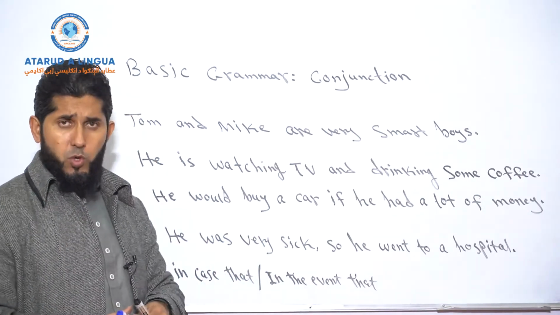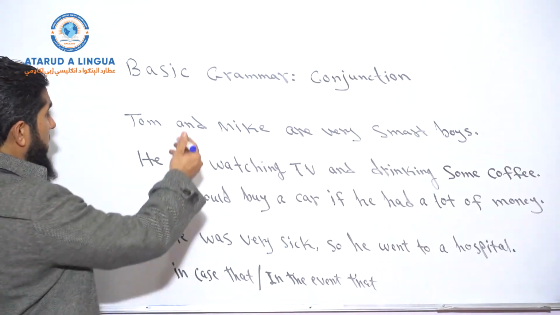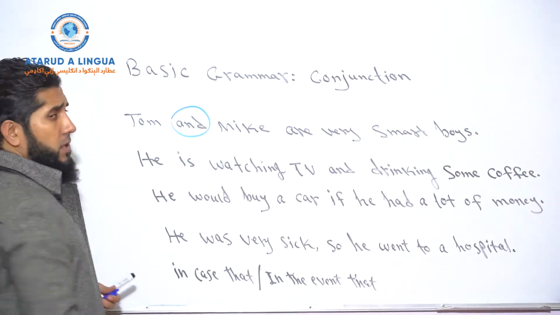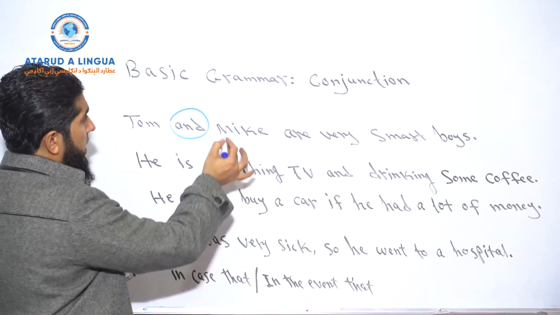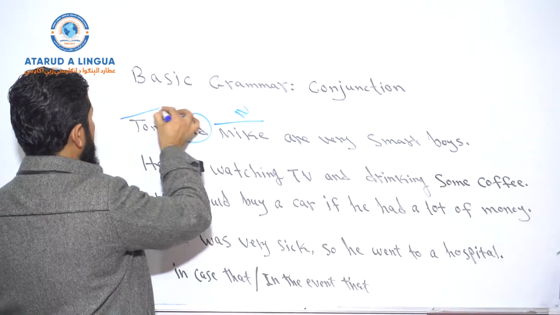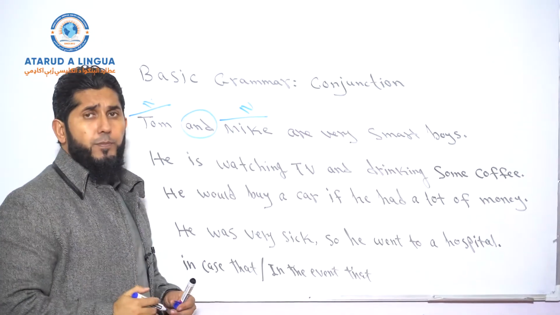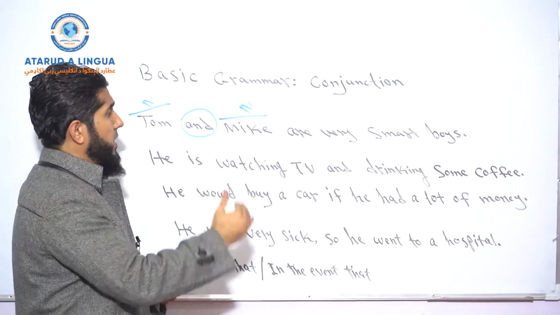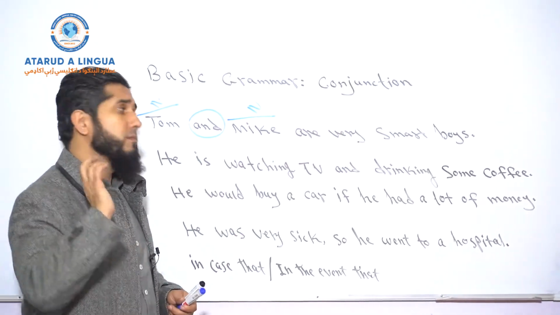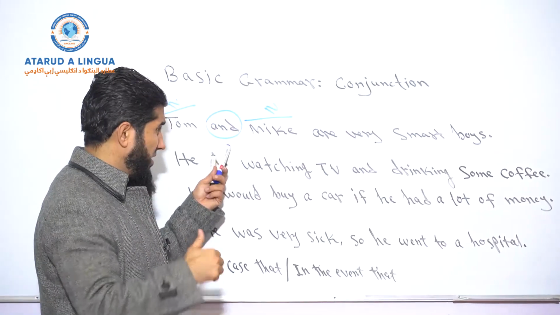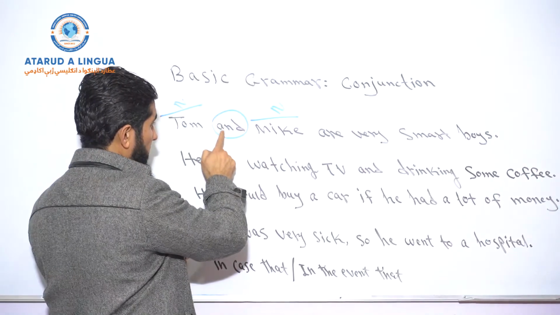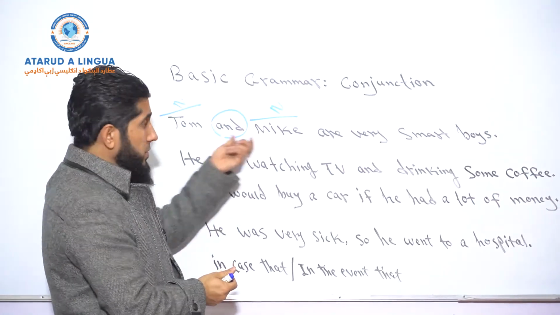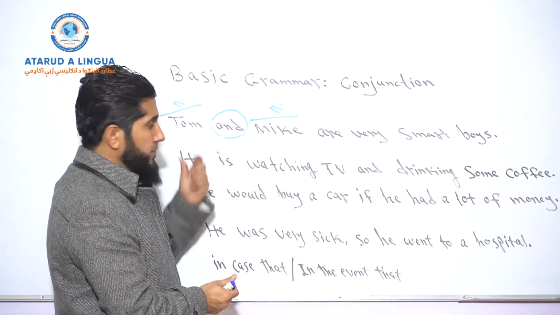In example number 1, the conjunction "and" is used to combine 2 nouns. So Tom is a noun and Mike is a noun. Tom and Mike are very smart boys. In this sentence, we use the conjunction "and" in order to combine these 2 nouns.